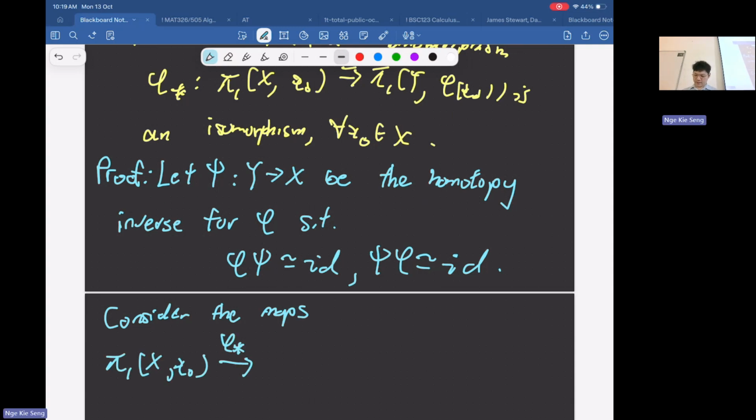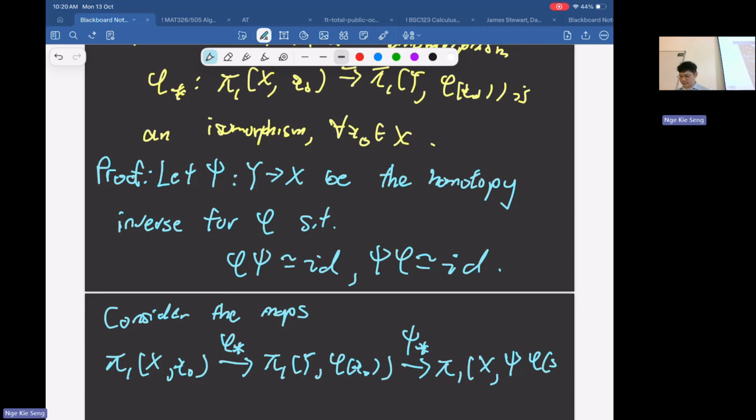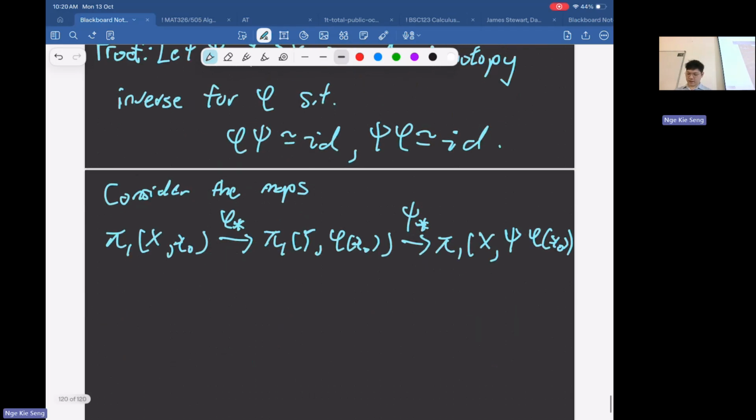So we induce a map on pi 1 from pi 1 x to pi 1 y. And then psi induces a map from pi 1 y to pi 1 x back, but the base point changes to psi phi x naught. How about the other direction?